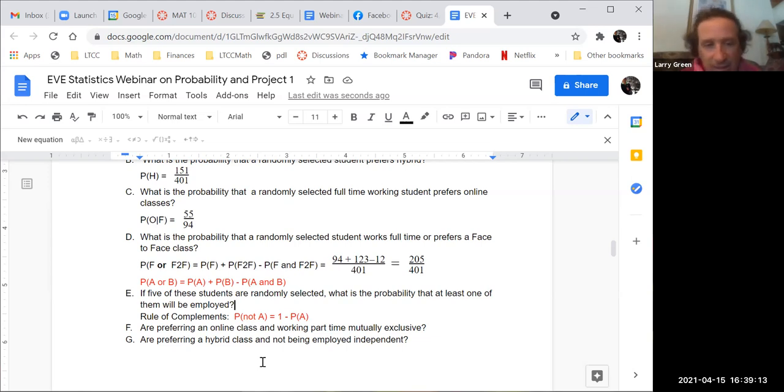Okay, and the reason I'm going to use it is now it's a whole lot easier to come up with the answer to this question, because the problem with at least one of them will be employed is that means 1 or 2 or 3 or 4 or 5 of them will be employed. Does that make sense? All right, so it's a lot easier to use the rule of complements. What is the complement? What does it mean to say not at least one of them will be employed?